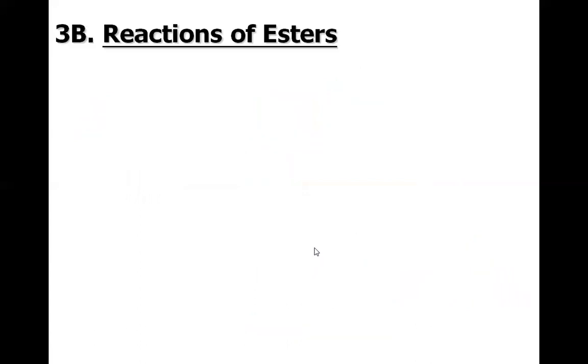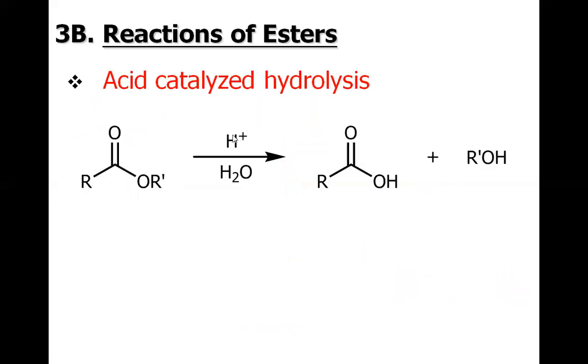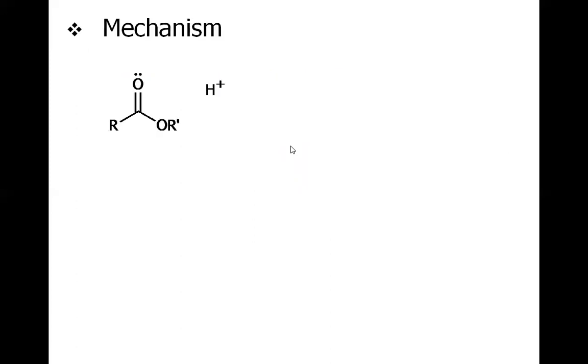Now let us discuss the reactions of esters. We have the hydrolysis of ester to have the carboxylic acid formed. We have both acid catalyzed and base catalyzed. First, we discuss the acid catalyzed hydrolysis. The mechanism seems to be very easy.